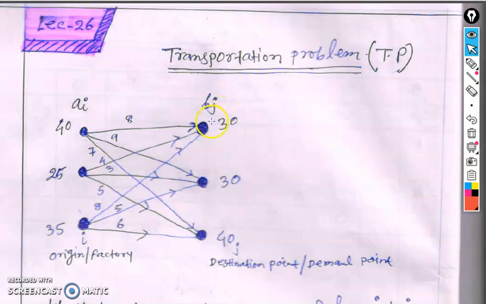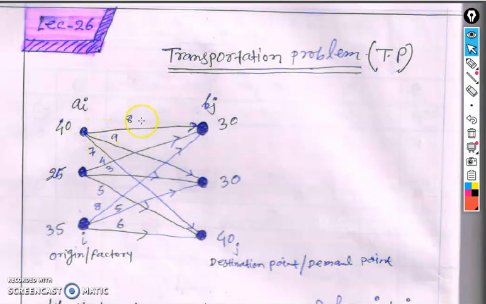If we consider the first destination point, the demand is 30 units, the second destination point is also 30 units, and the third destination point is 40 units.